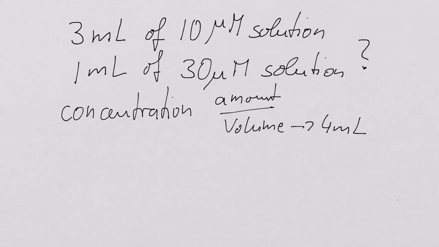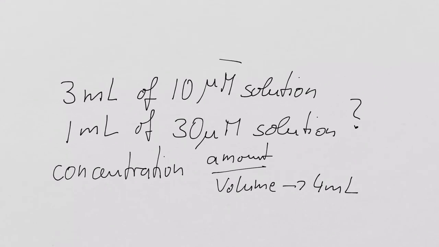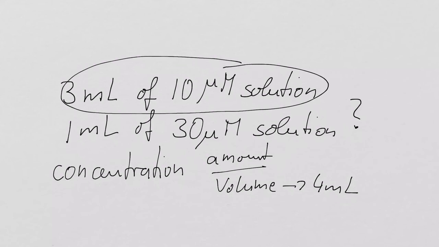Now what is an amount? How do I measure an amount? Moles, exactly. So what I need to do is calculate how many moles I have in solution A and how many moles I have in solution B, and add them together.